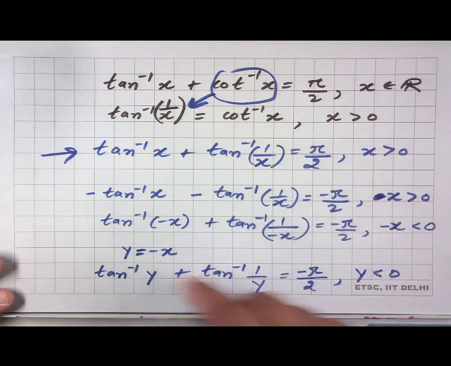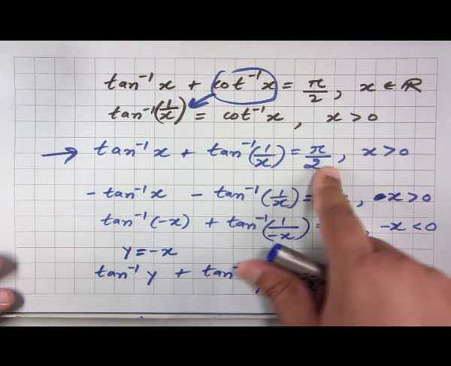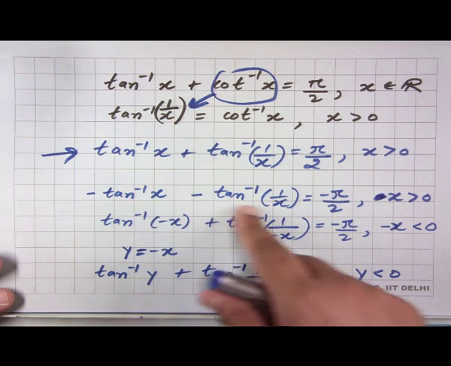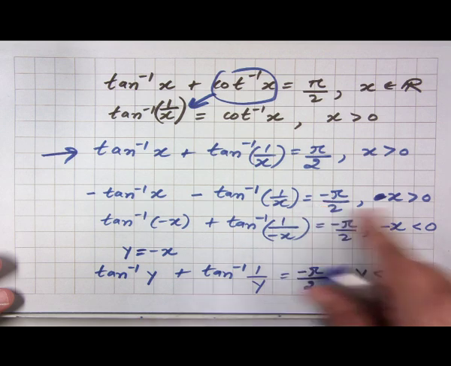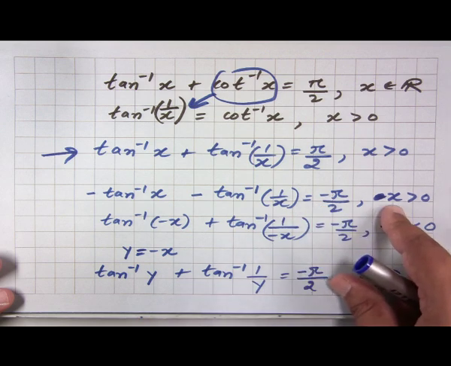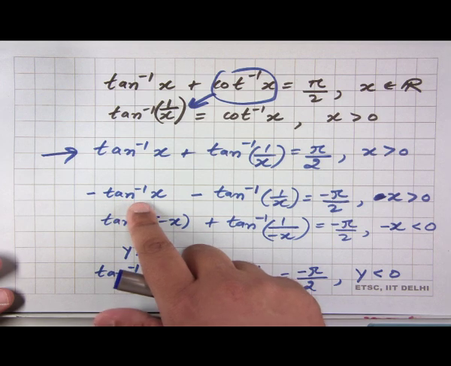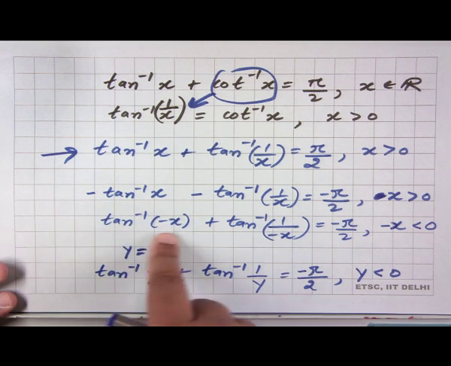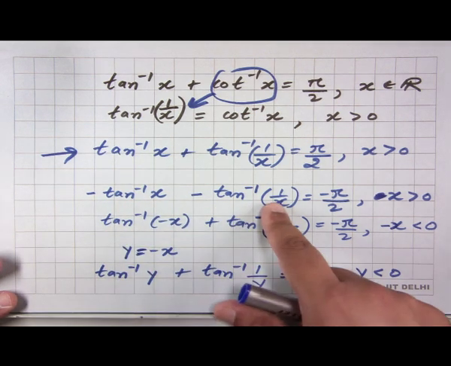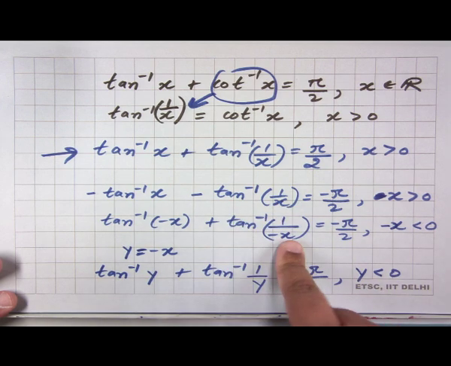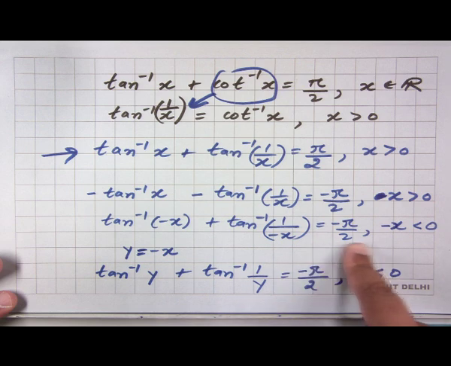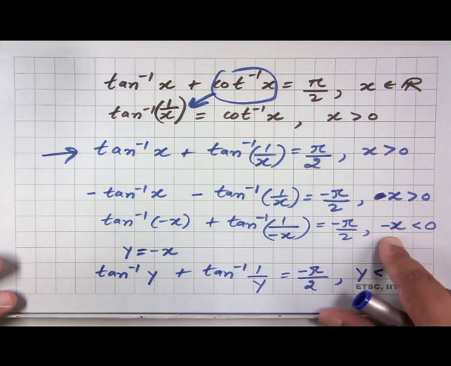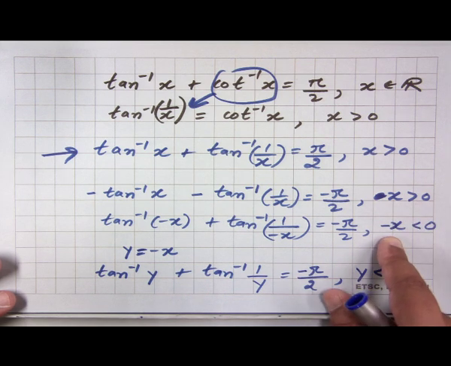And then if we multiply this whole thing by a minus sign, we get minus tan inverse x minus tan inverse 1 over x is minus pi by 2 for all x greater than 0. But since the tan inverse function is an odd function, we can write minus of tan inverse x as tan inverse of minus x, and the same for this term here. So then this is what we end up getting, but the condition x greater than 0 can also be written as minus x less than 0.